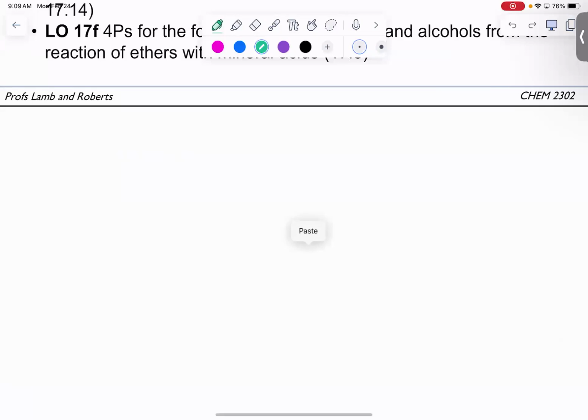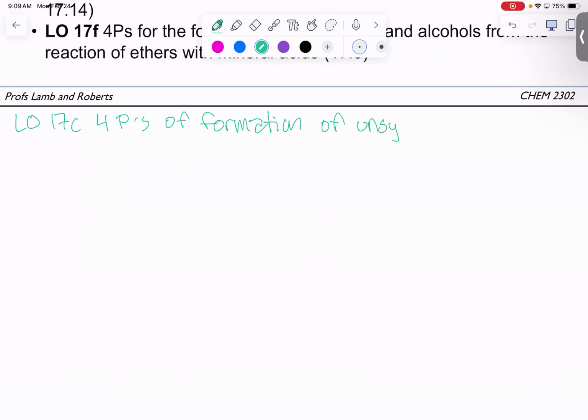All right, so this is learning objective 17C. We're already in chapter 17. And this is going to involve a mechanism that you already know, though, but it is a 4P. So it's the 4 Ps of formation. This is pretty specific that these are unsymmetrical ethers. All right, so not symmetric ethers, those are a little easier to make.